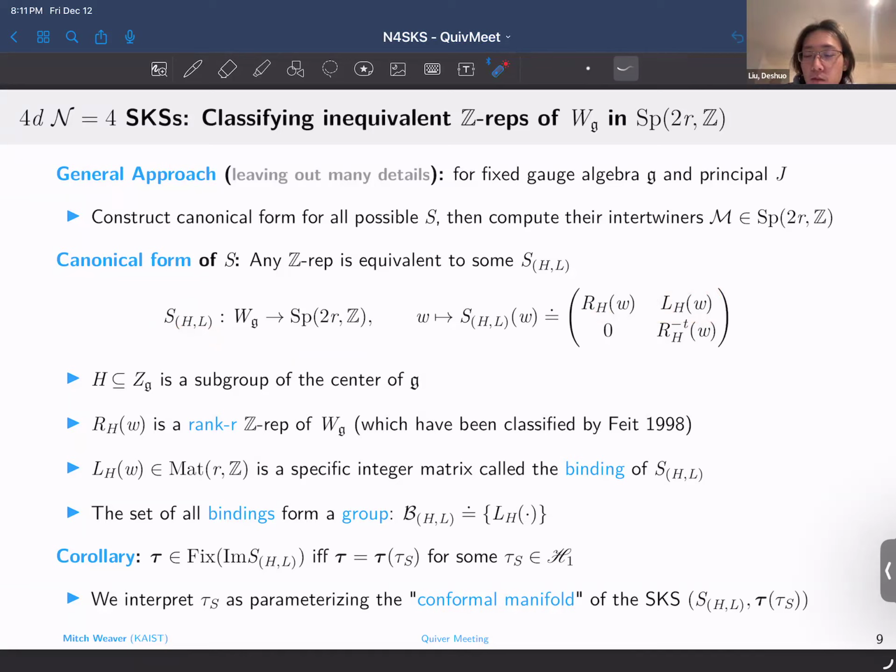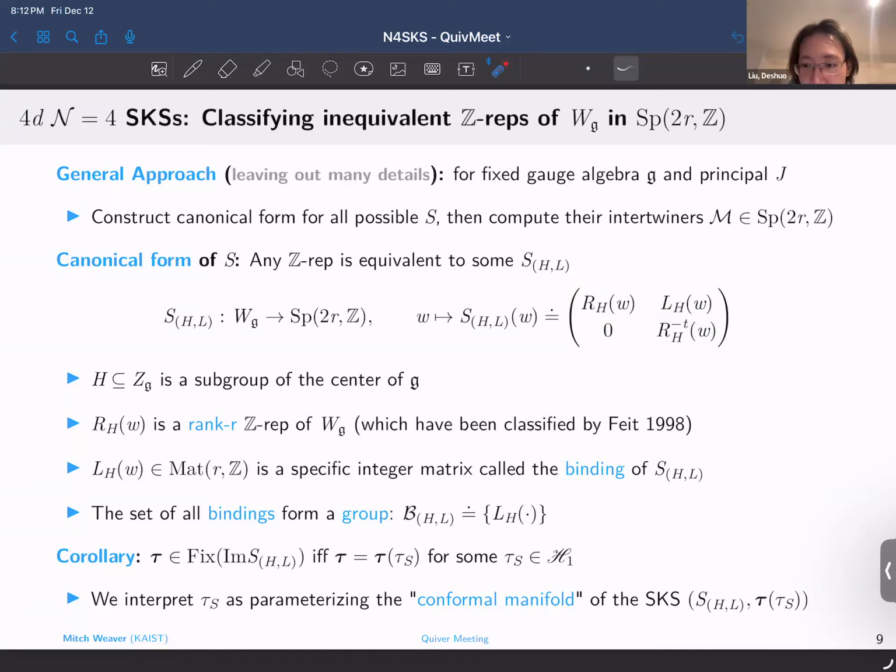So only for special cases do you get a symplectic reflection. L takes a specific form, which I didn't give here, but you can write it in terms of some other symmetric matrix, and also in terms of these rank r Z representations of the Weyl group.